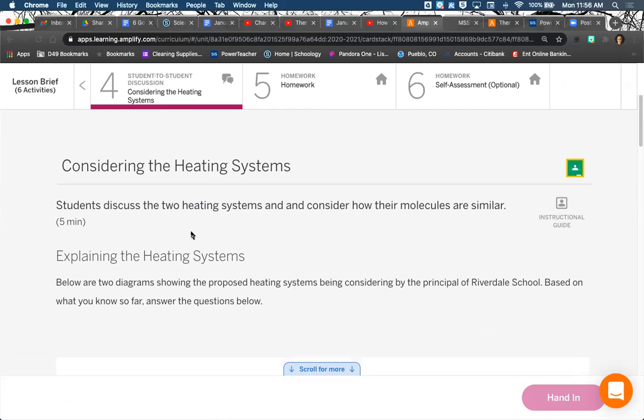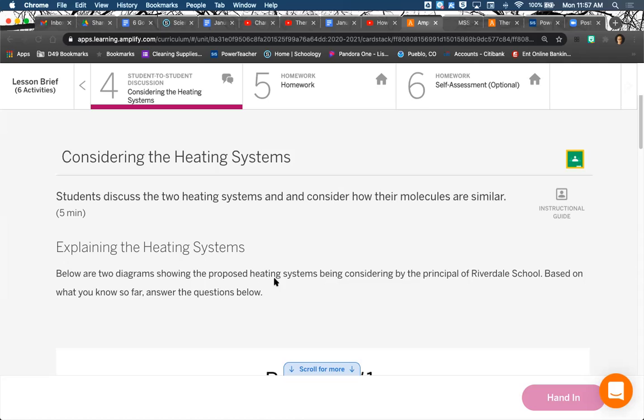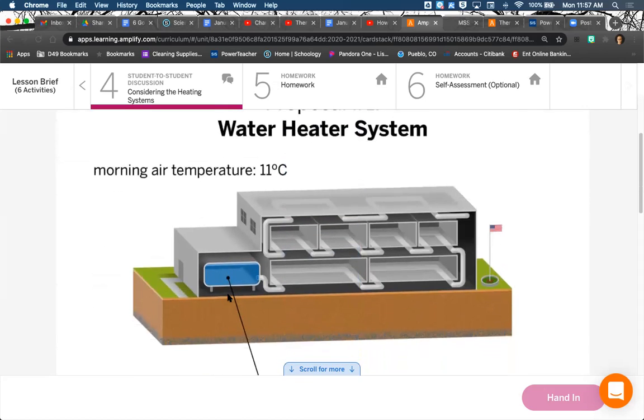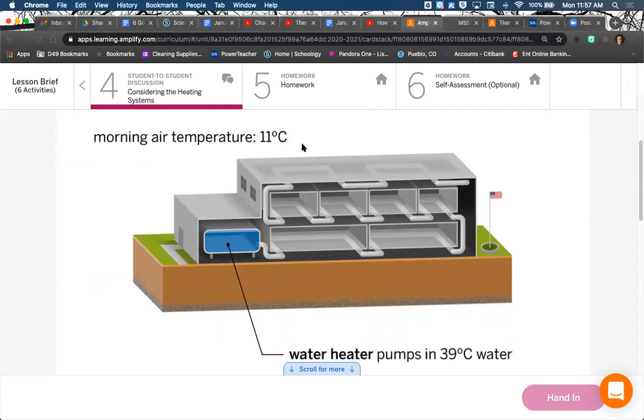Below are 2 diagrams showing the proposed heating systems being considered by the principal of Riverdale School. That was the video we saw a couple of lessons ago. Based on what you know so far, answer the questions below. Remember, the morning air is about 51 degrees Fahrenheit, just so that you can imagine what the thermostat in your house would look like if that were set to 51.